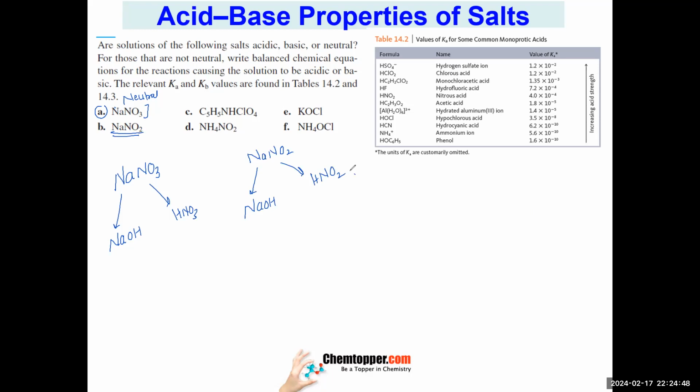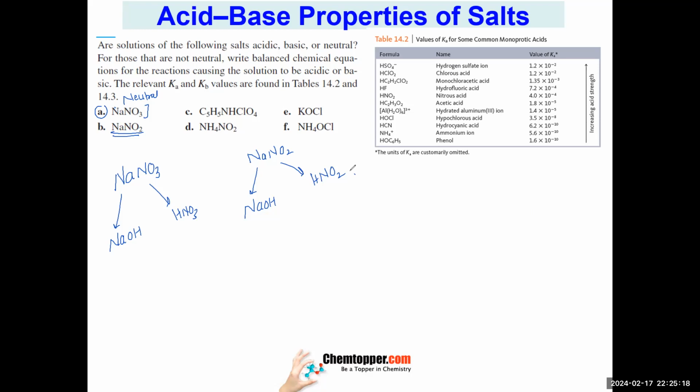Again, Slasha. Very good. What about rest of you? It's a salt of weak acid. I gave you the table. From there you can identify. It's a salt of weak acid. So NO2 minus is a strong conjugate base. So basic. Ariba, are you getting basic for this one? Nivriti, Ariba?